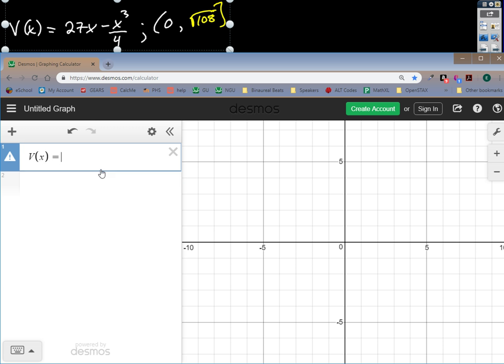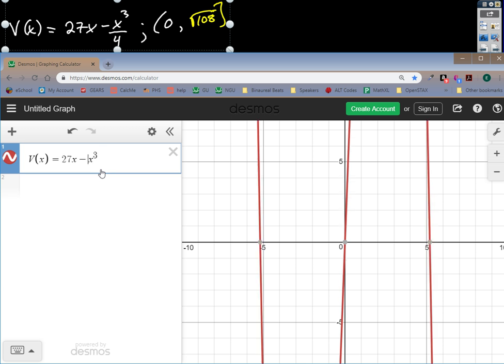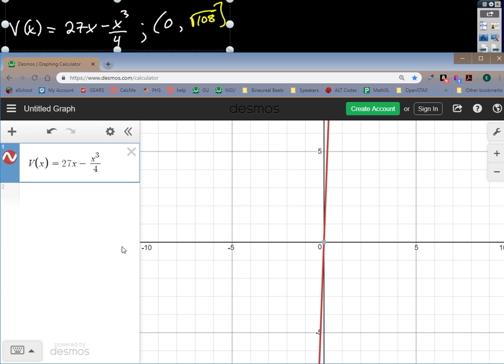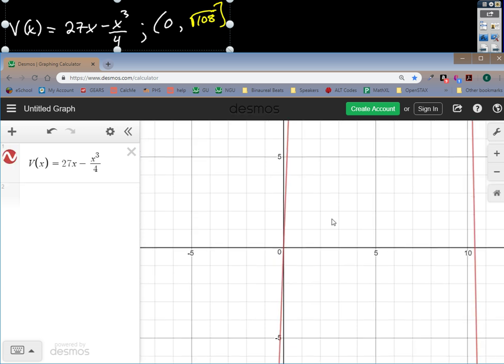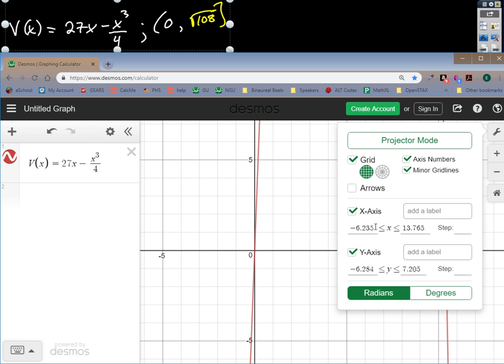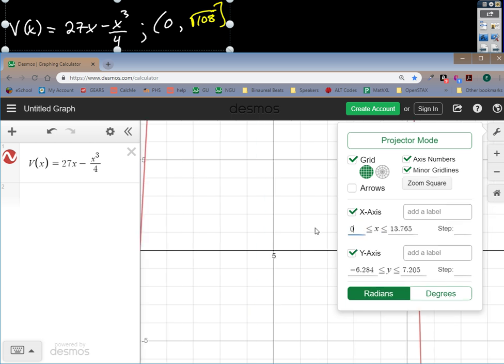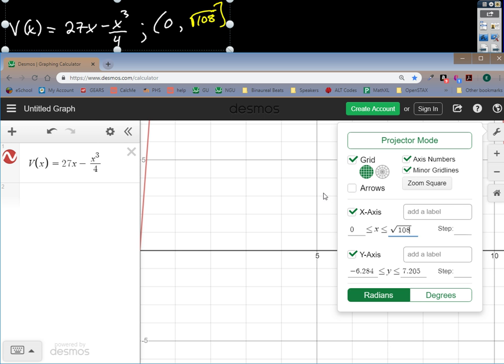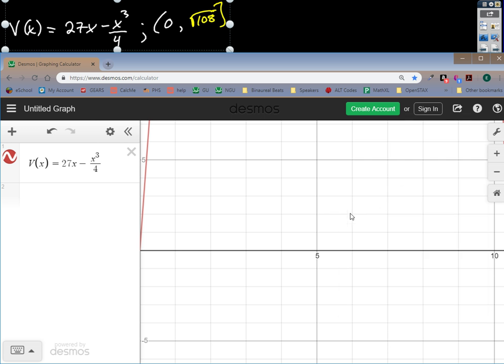So V of x equals 27x minus x cubed, 2 minuses there, divided by 4, right? So there's my function, and let's look at our function. We could choose our window to go from 0 up to square root of 108, right? And so there's our window.